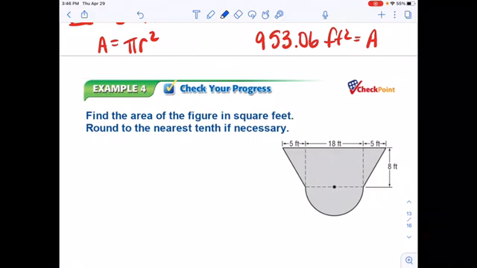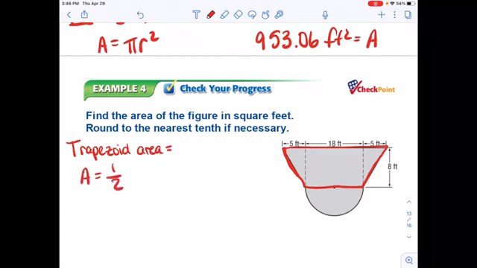So there's 2 ways you can do this. I'm actually going to not split it into 2 triangles, a rectangle, and a semicircle, but I'm going to split it into a trapezoid and a semicircle. So, trapezoid area is equal to half times height times base 1 plus base 2.